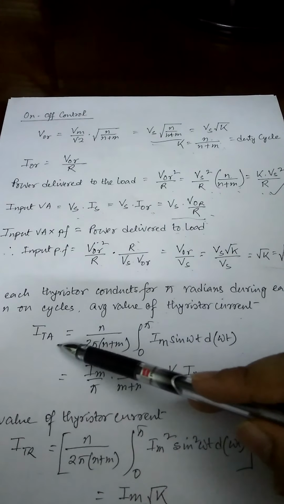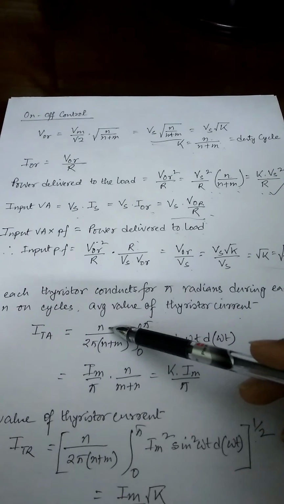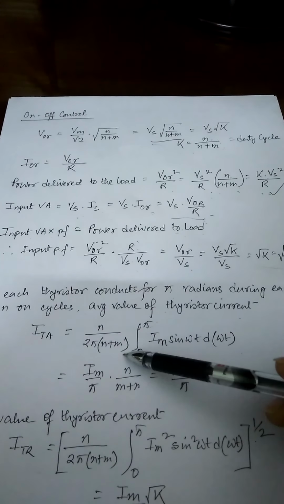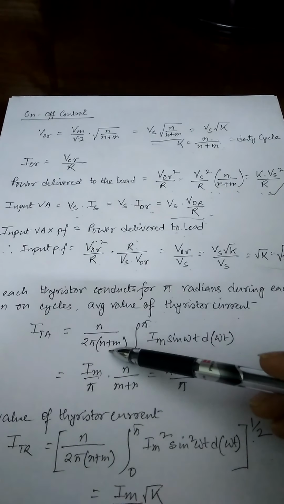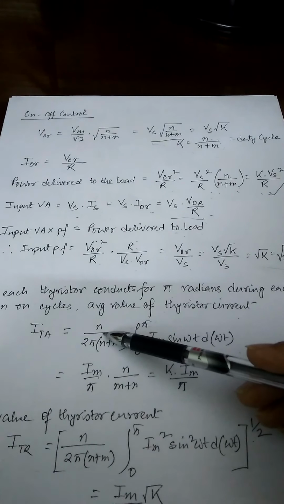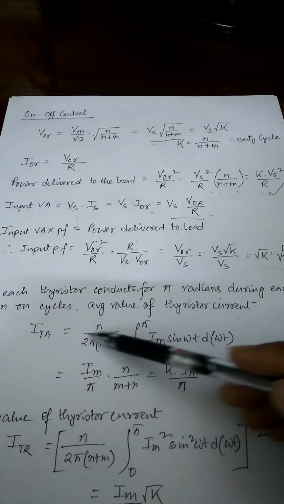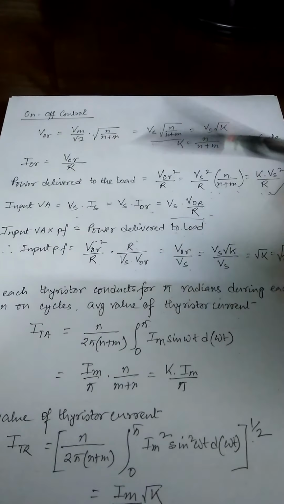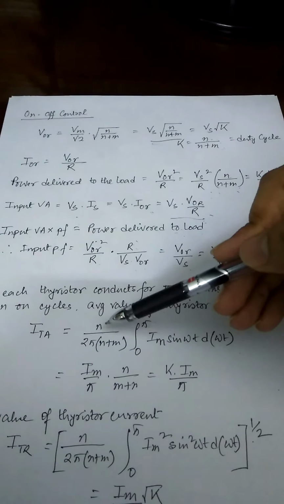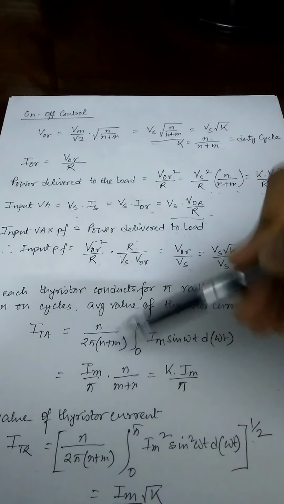So for the thyristor current, the periodicity will obviously be n by 2 pi into n plus m, because n by n plus m is actually the duty cycle. So n by n plus m means the actual percentage of conduction time, and 2 pi is the total cycle length, that means the total periodicity is n divided by 2 pi into n plus m.